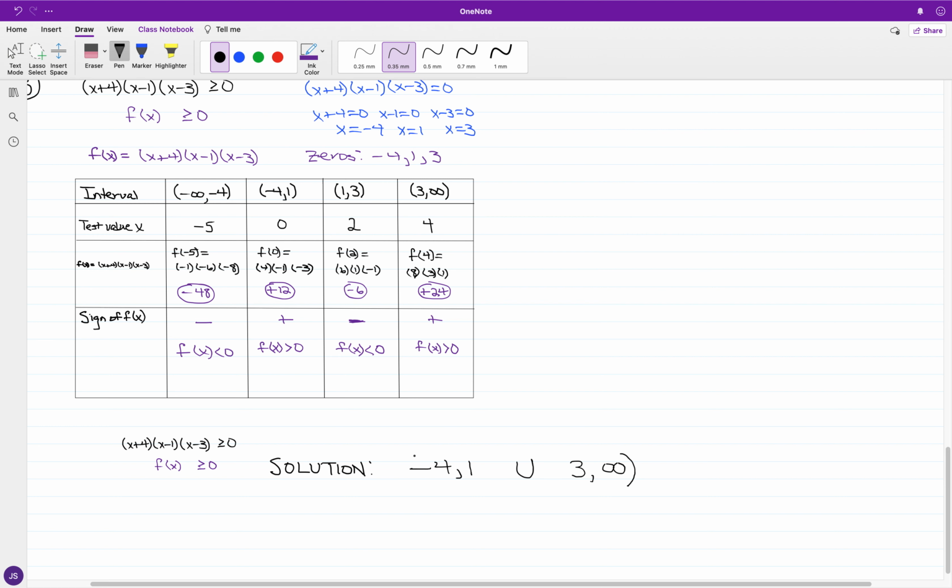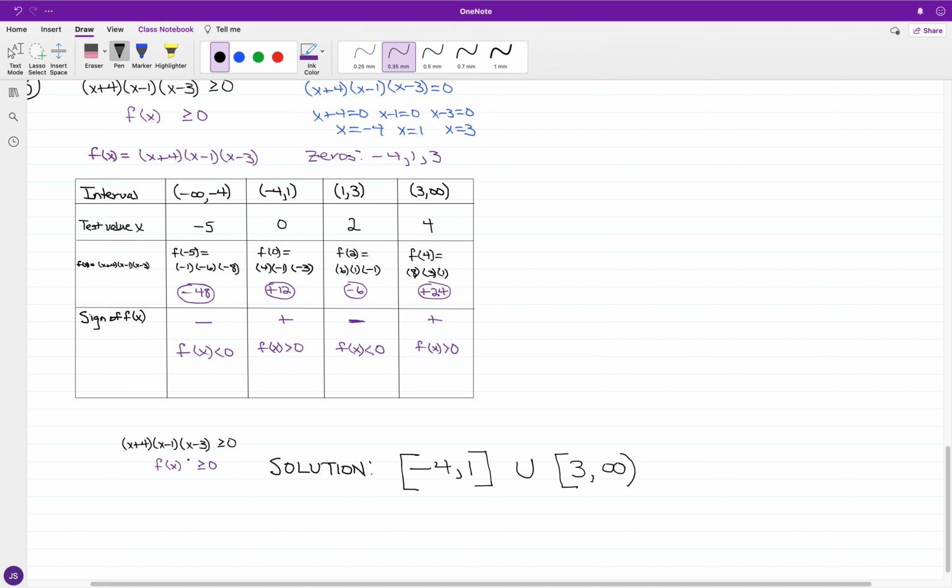This means that -4, 1, and 3 will be bracketed. So this will be the interval solution for this particular inequality: between and including -4 and 1, and also going from and including 3 on out to infinity.